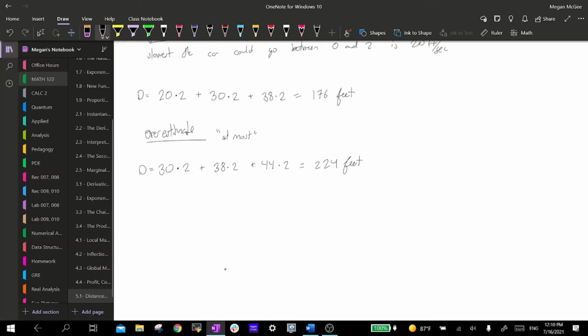So we have an underestimate and an overestimate that disagree by 48 feet, which is pretty significant if you think about it.